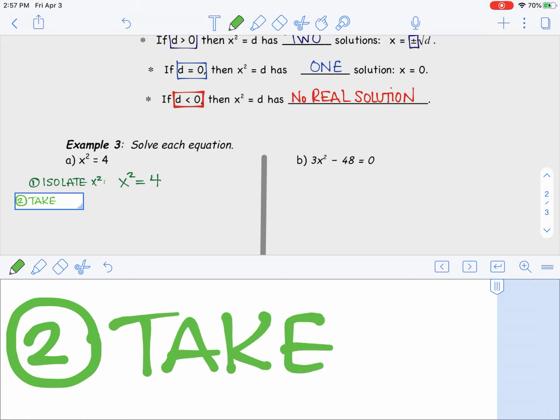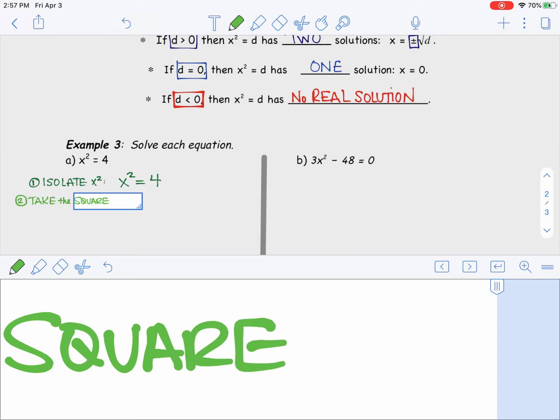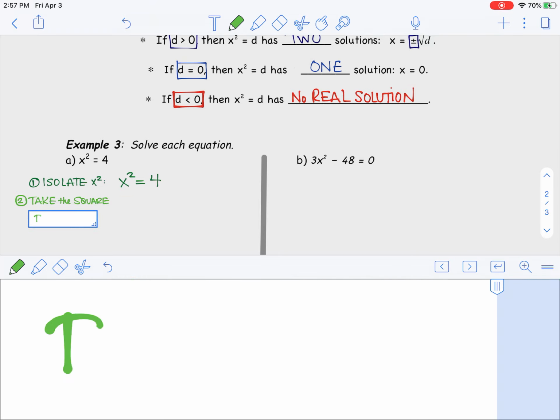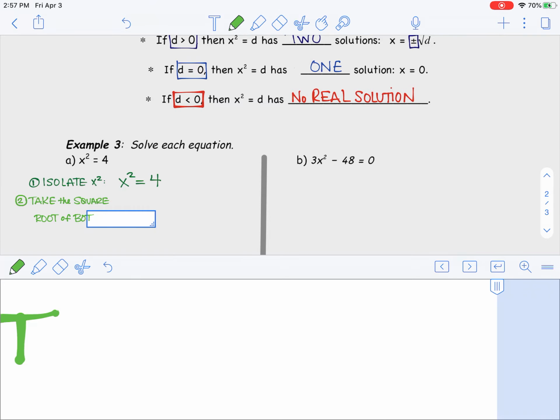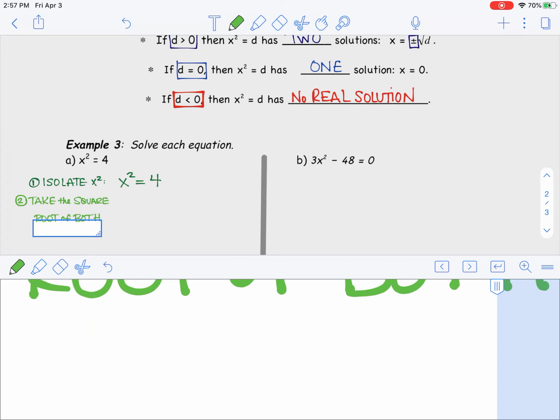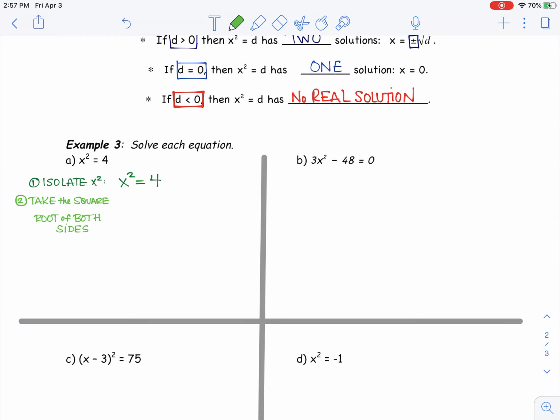So we're going to take the square root, and not to leave it out, of both sides. So remember, when we're solving, whatever we do to one side, we must also do to the other.